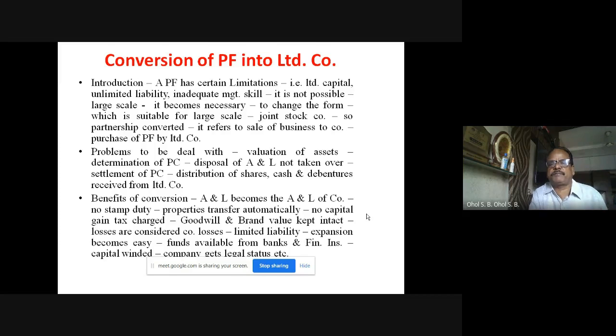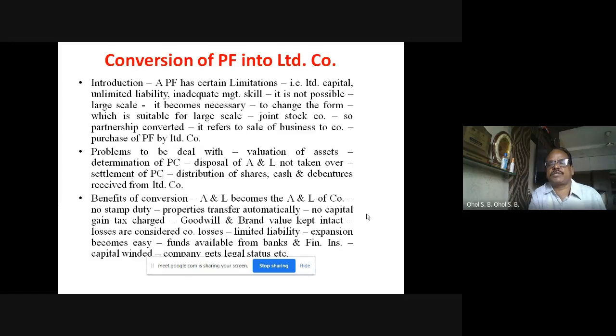When the partnership firm is converted into a limited company, the issue arises of how the assets are to be valued, how the purchase consideration is to be determined, how the disposal of assets and liabilities which are not taken over by the limited company is to be handled, how the payment is to be settled, and then the distribution of shares, cash and debentures received from the limited company among the partners.